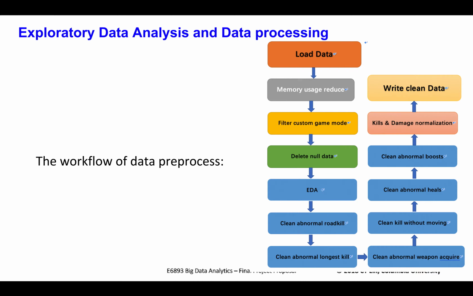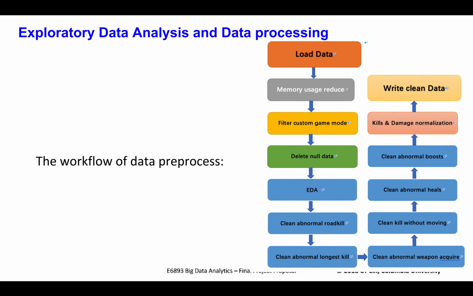Let me introduce our exploratory data analysis and data processing. Here's the workflow of the data pre-processing. First of all, we load the data, then we reduce the memory usage, filter the custom game mode, and delete the null data. Then we use EDA to analyze the features of the data, clean the abnormal data, and remove all the cheaters, and then we do the data feature normalization.